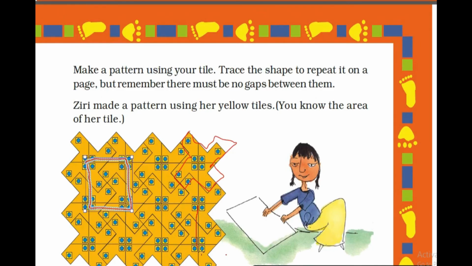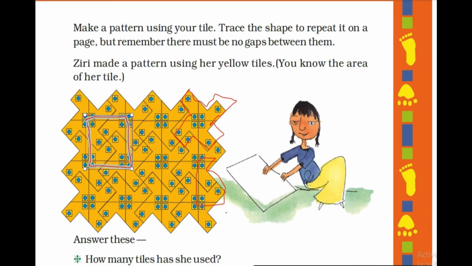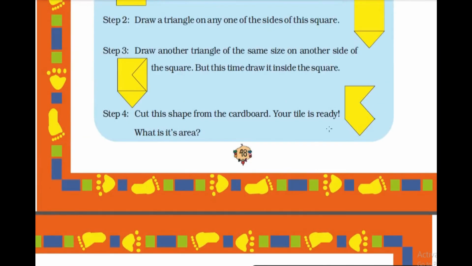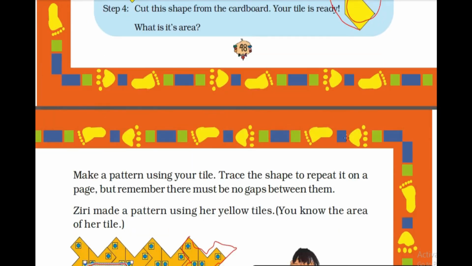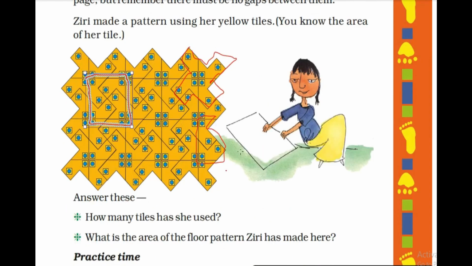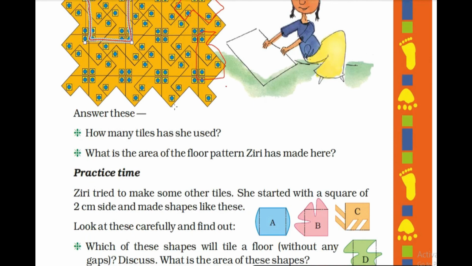So find the area of this shape, and after that multiply the one tile area by the 12 tiles. You will find the area of the floor pattern.